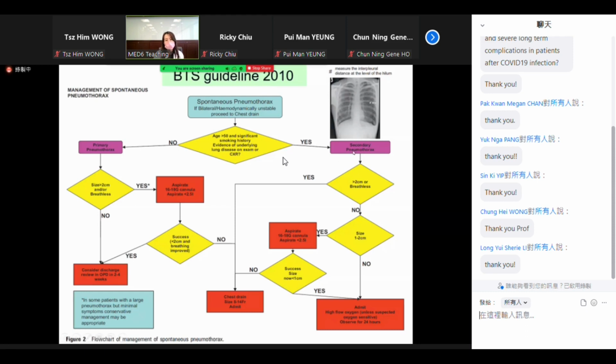Secondary pneumothorax usually occurs in older patients, older than 50, with a history of smoking, or underlying COPD, asthma, lung cancer, or other diseased lung. It is important to categorize as primary or secondary because the management algorithm will be different.